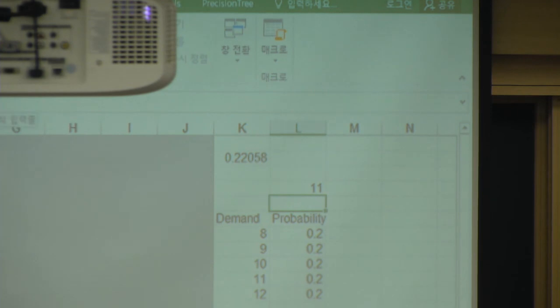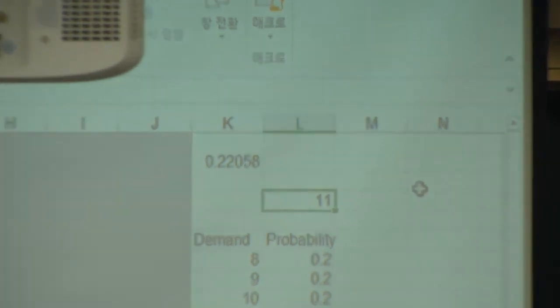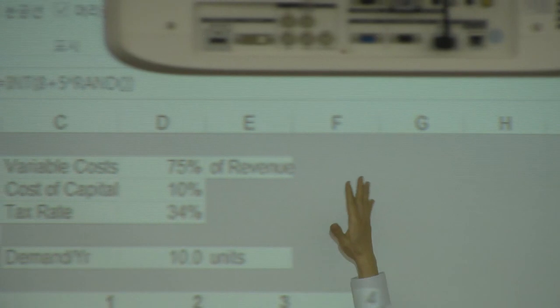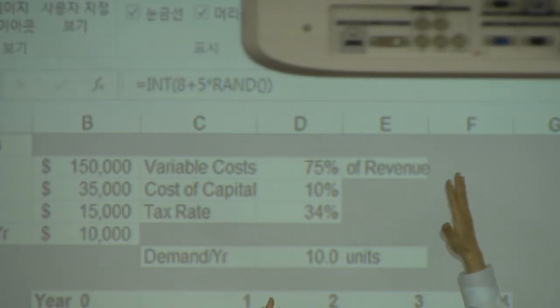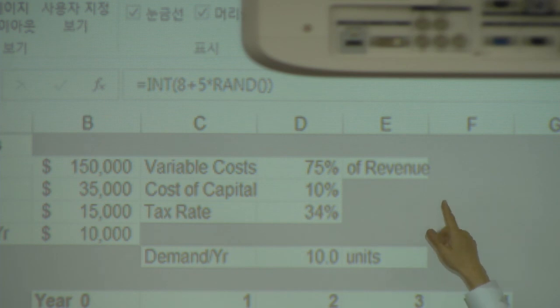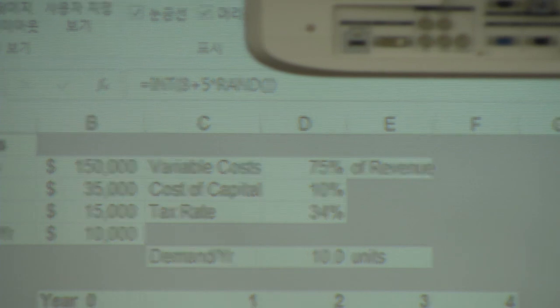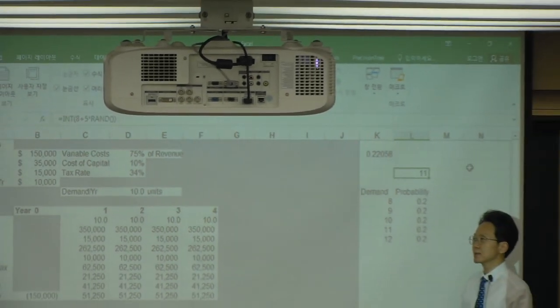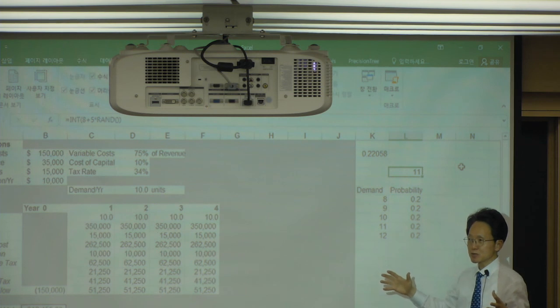So if I use that function, in other words, int, big parenthesis, 8 plus 5 times rand, empty parenthesis, then that actually generates 8, 9, 10, 11, 12, and all of these will be equally likely because the random number is equally likely in the range between 0 and 1.